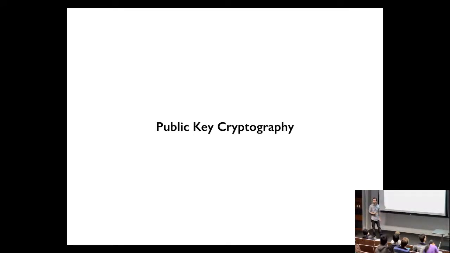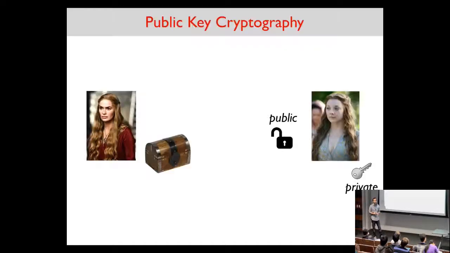So first, let me describe public key cryptography in pictures. Using a picture, it's actually quite simple. Here's the idea. Let's say you're on this side, you're Marjorie, and you are expecting a message from someone else, let's say Cersei.